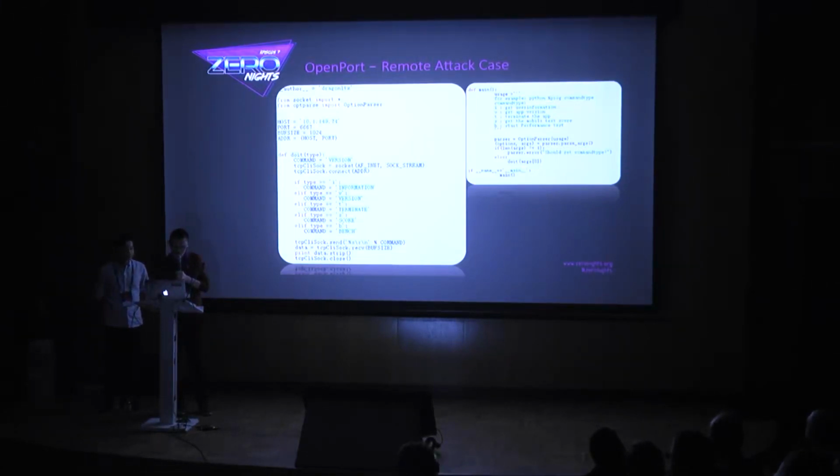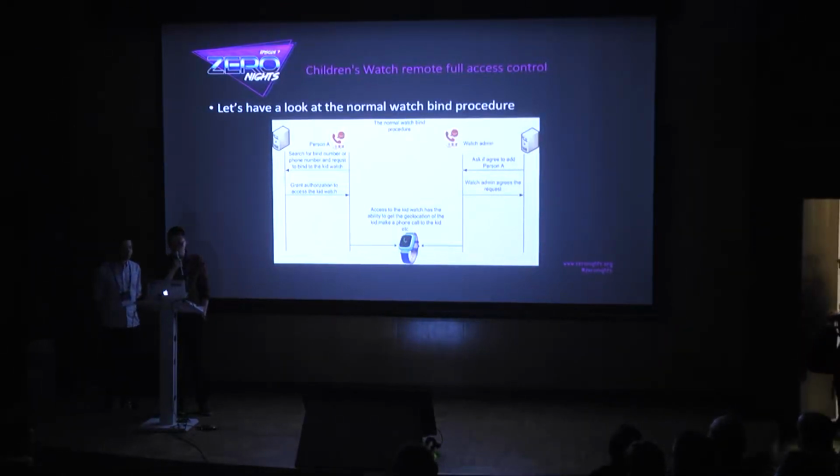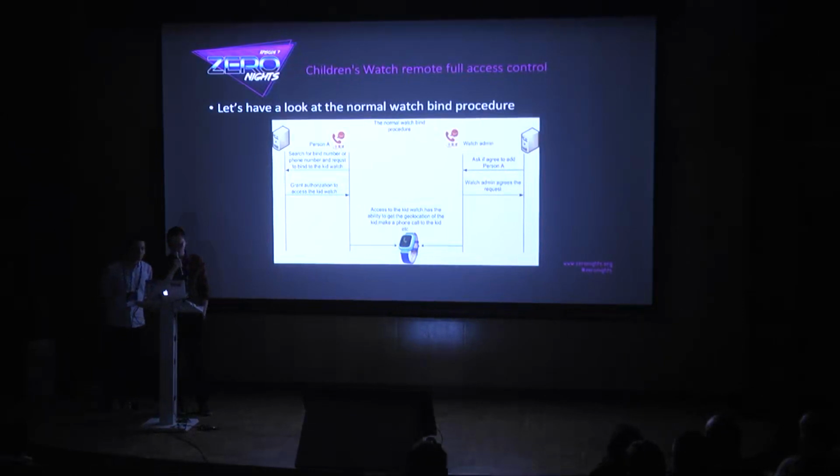So next is about remote full access control of children's watches. As we all know, the children's watch is very popular among Chinese kids. The kids are equipped with this children's watch.